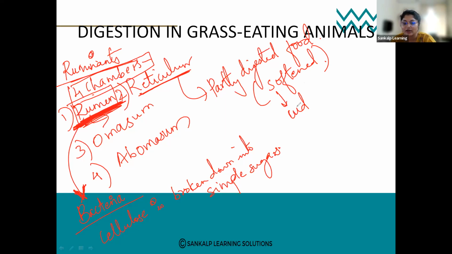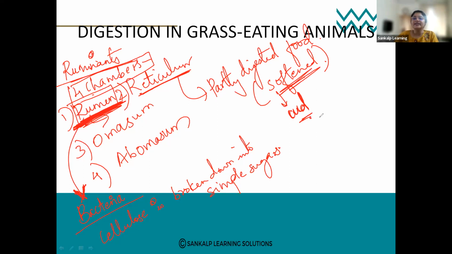After the cellulose is broken down into simple sugars in the rumen, the partly digested food gets softened and this is called cud.